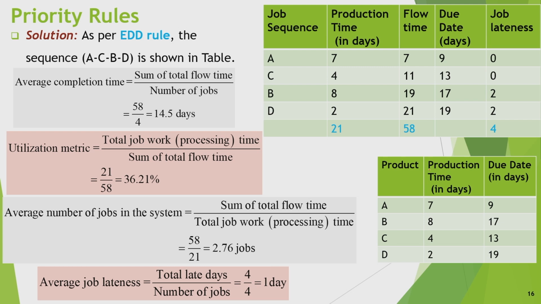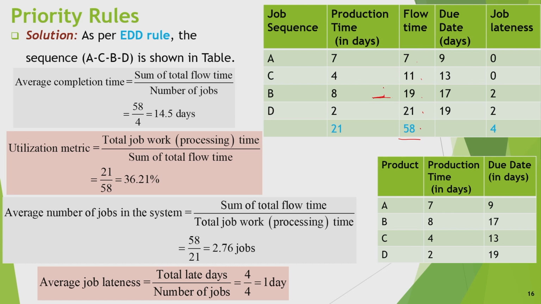In that sequence I have arranged, and then for average completion time, we see the total flow time comes out to be 58, because we are starting from here 7, 11, and so on, and it comes out to be 58. Whereas production time in days comes out to be 21 as usual. This figure will remain the same everywhere.